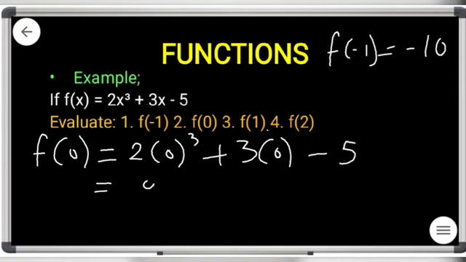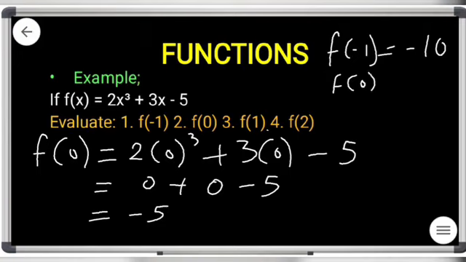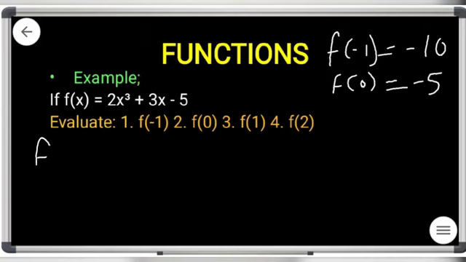So 0 times 2 is 0, and this one also 0. It remains minus 5. So f of 0 is equal to minus 5, which is the value of y when x is equal to 0.